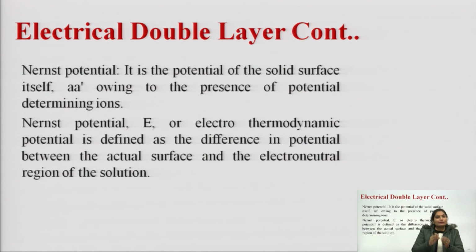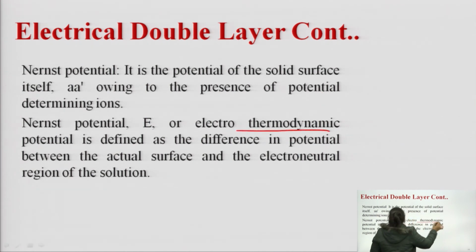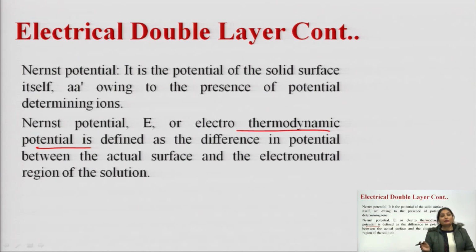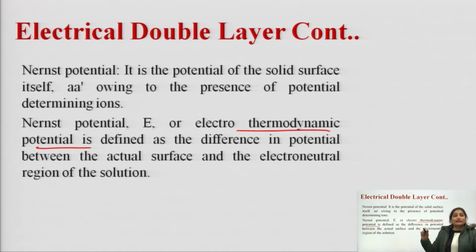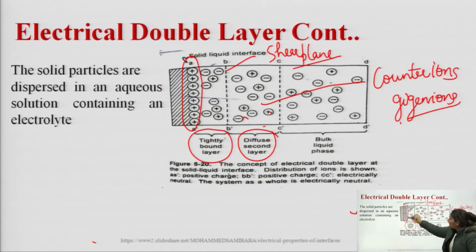This Nernst potential is represented by E and is also known as the electrothermodynamic potential, and it is defined as the difference in potential between the actual surface and the electroneutral region of the solution. See, in this diagram, AA dash to BB dash, this region acquires positive charge. BB dash to CC dash, this region acquires negative charge, and beyond it there is the electroneutral region. So, the Nernst potential is the potential difference between AA dash and BB dash.